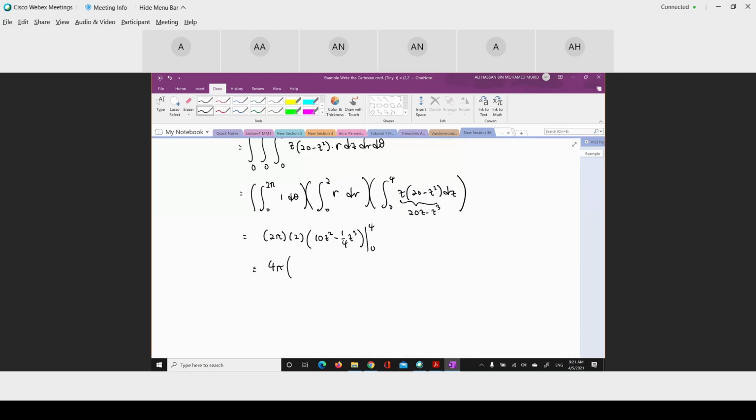The first term is 160. The second term is 4 cubed over 4, which is 4 squared, which is 16.